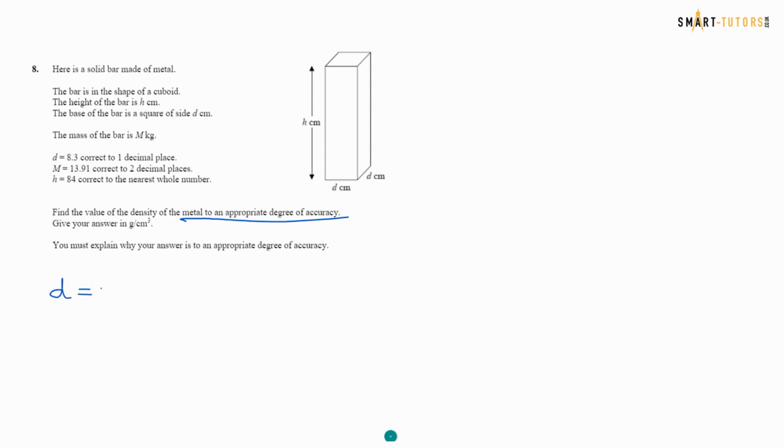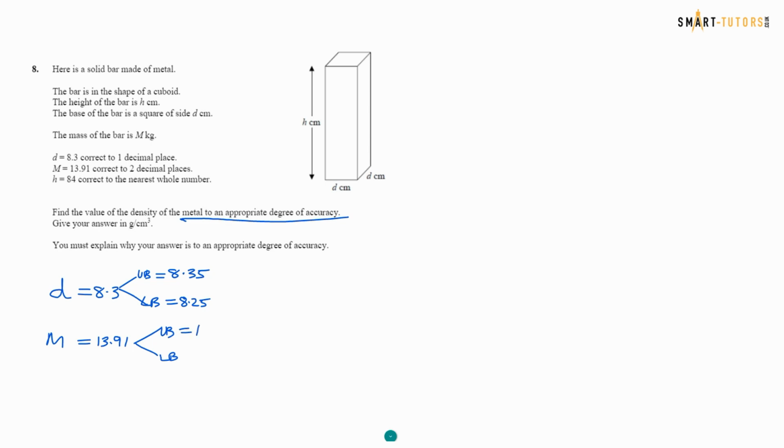D is 8.3. So upper bound of the D is what? One decimal place is the answer. So upper bound is 8.35, and the lower bound of the D is 8.25. Then next, capital M is 13.91, two decimal places.